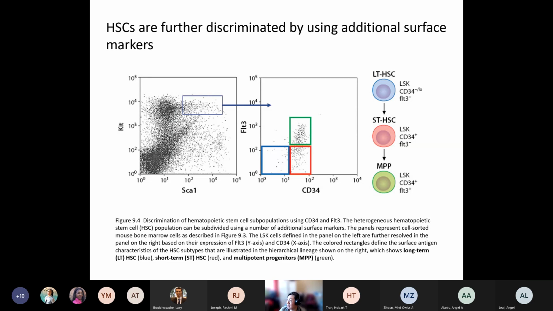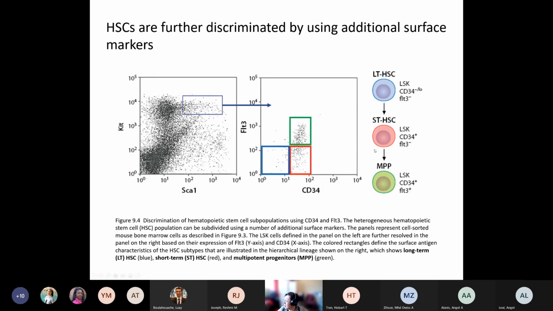They did that experiment to prove that some of these cells are stem cells, some are not. So they know that the LSK cells, if they are CD34 negative or low, or FLT3 negative, the cells in this thicker blue box, are the long-term hematopoietic stem cells. That means those cells can be transplanted maybe a few times, but still keep their stem cell identity.